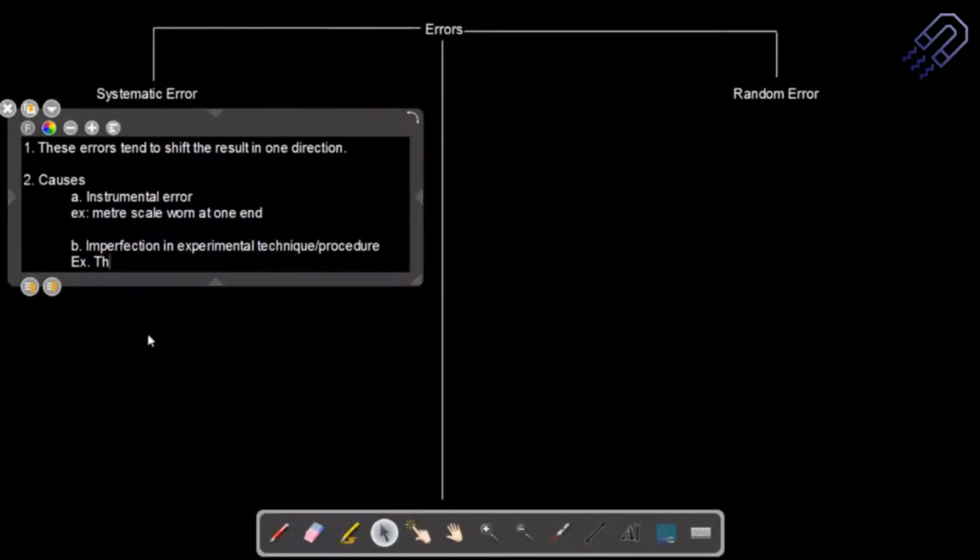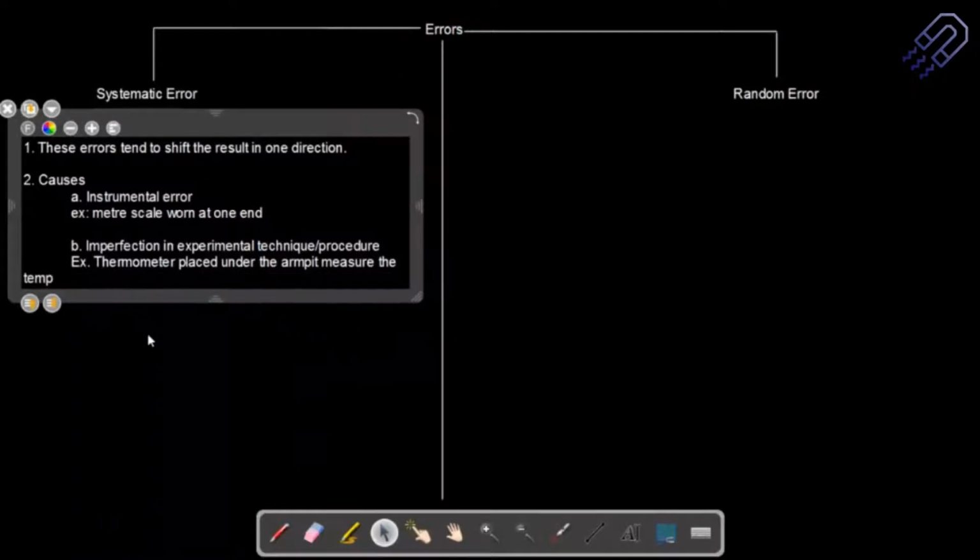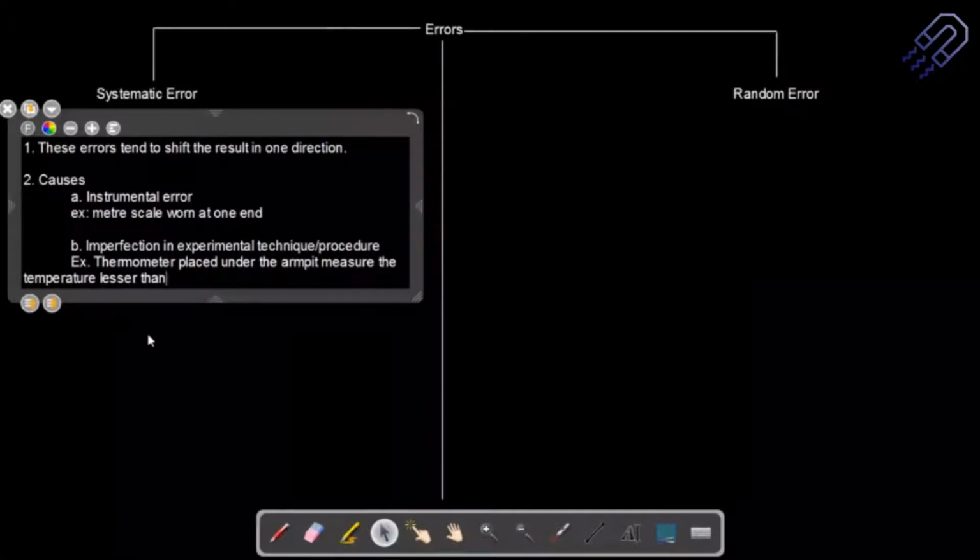Maybe I can take the example of the thermometer. So when we place the thermometer under the armpit, it measures the temperature lesser than the actual temperature.